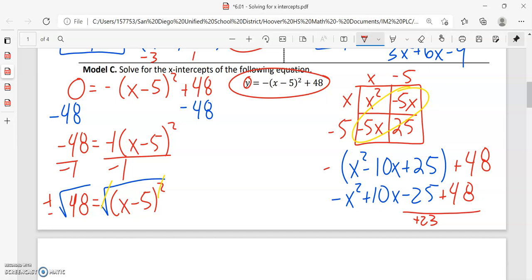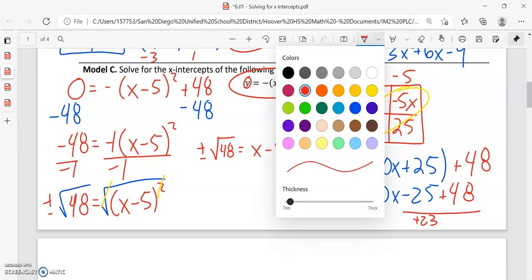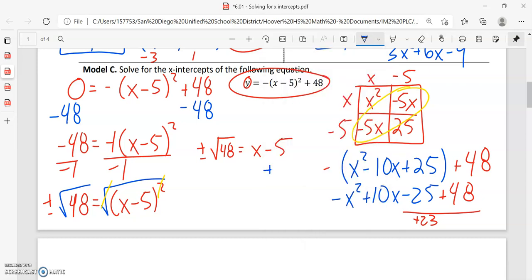So we're left with plus minus square root 48 is equal to x minus 5. The last step here is we want to add 5 to both sides. Add 5, add 5. And you want to have your single number in front. Plus minus square root 48 equals x.